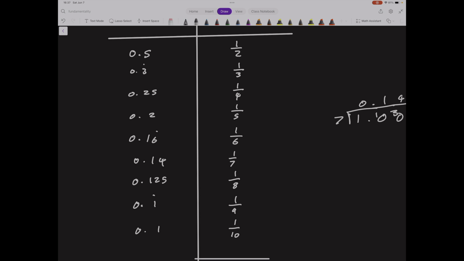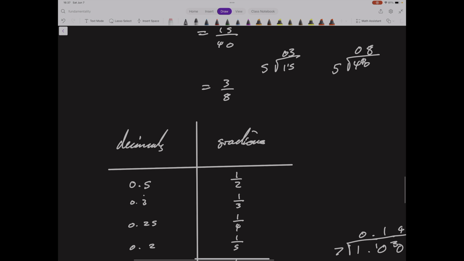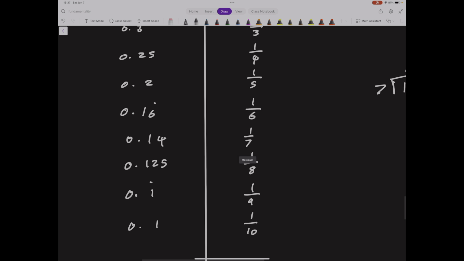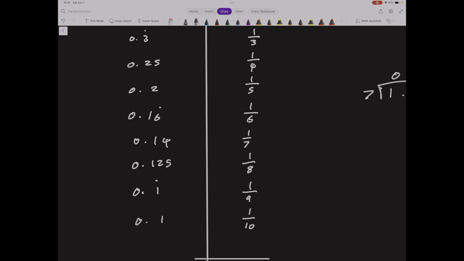And then obviously if you get something like 3/5, that's 3 times 1/5, so therefore it's 3 times 0.2, so it's 0.6. So when you can remember these, you can also remember the multiples of them. So for example, 0.375 is 3 times 0.125.